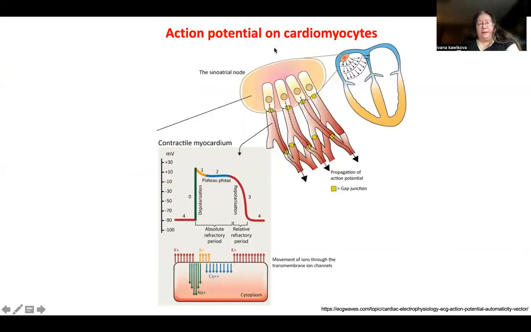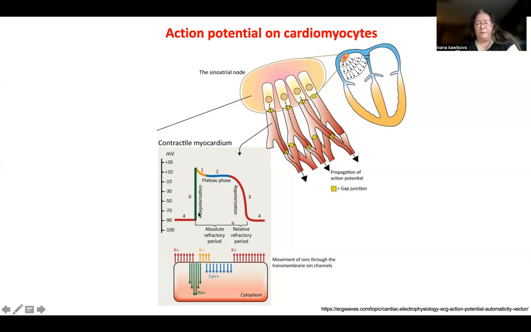So what's happening in the cardiomyocyte is that at a resting membrane potential, at phase 4, the only channels that are open are potassium channels, and when they are going out of the cytoplasm, they are maintaining the already negative membrane potential, and they have a tendency to leak from inside to outside.